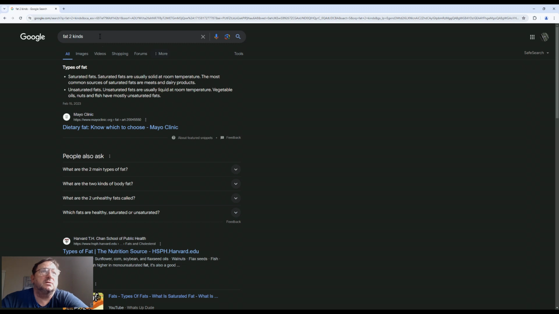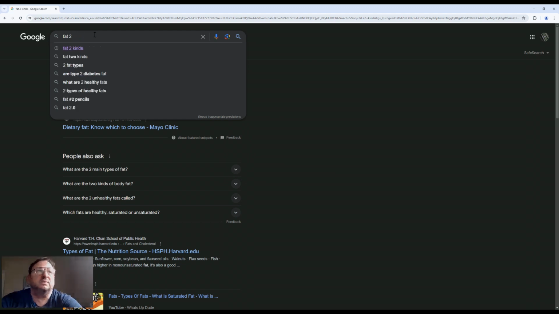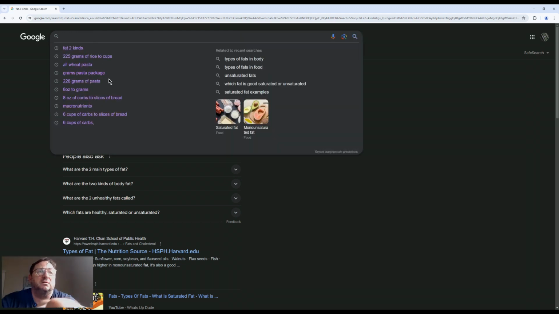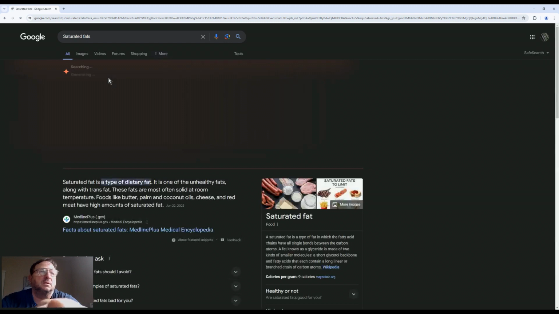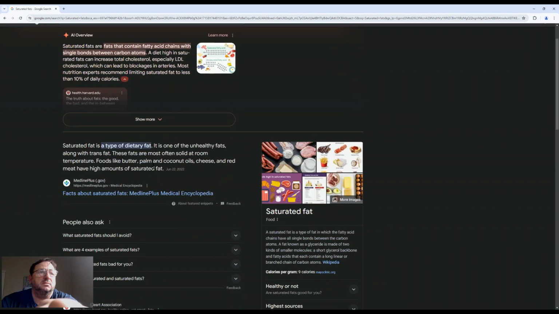And you check on what's saturated fat. Red meat. You see, that fat is not really good fat. So try to eliminate this one.